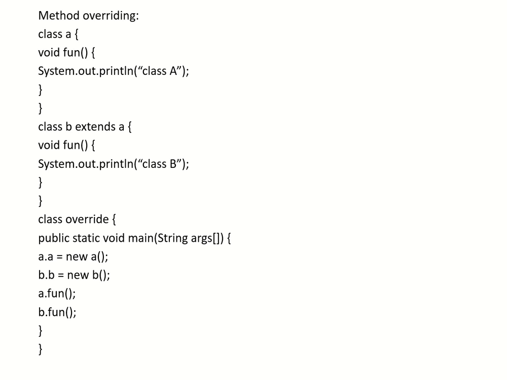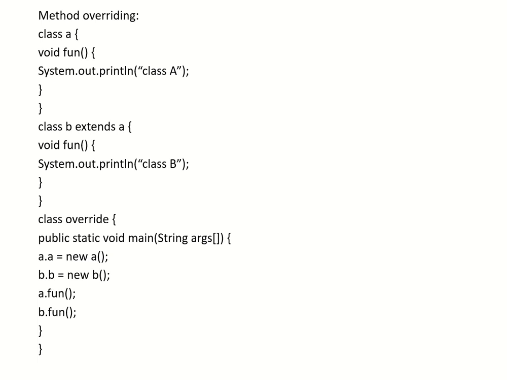So what is method overriding? There is the same method name in the parent class and the child class. Here a function is in class A, and class B extends it with the void function. They are different classes, extending from the base class to the derived class.